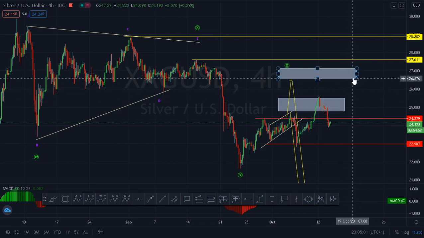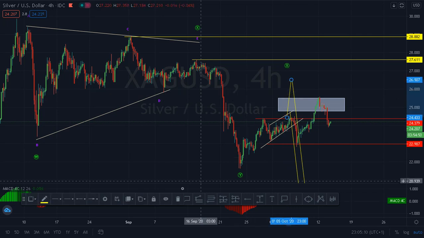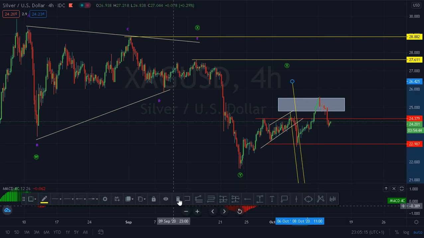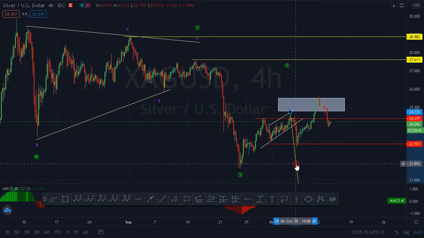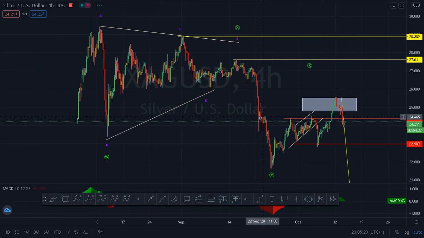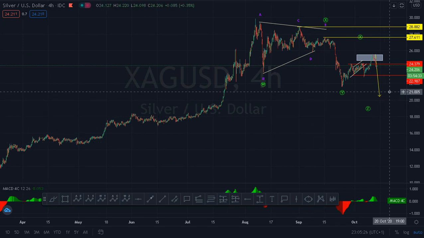So this diagram is no longer needed. The price will likely keep going down, maybe around 21 or thereabout. So we keep our eyes.